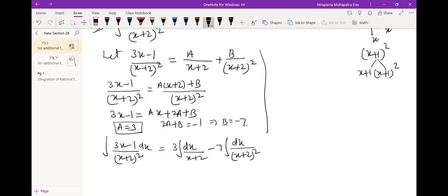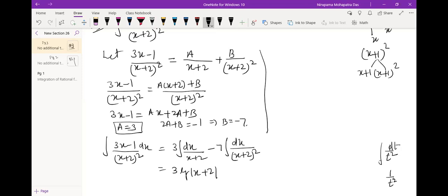Now while integrating, 3 gives log x plus 2. But here it is not log. Be very careful, children make mistakes here. If you take x plus 2 as t, it is dt by t square, which is 1 by t square.